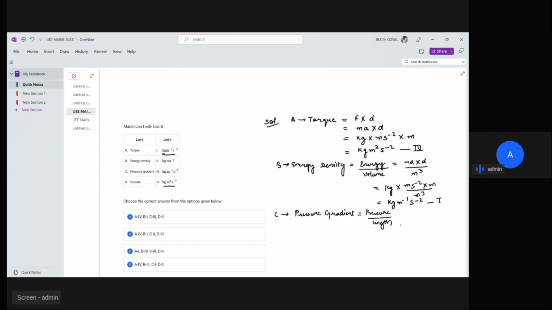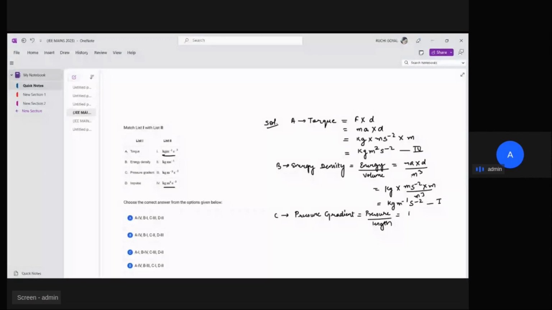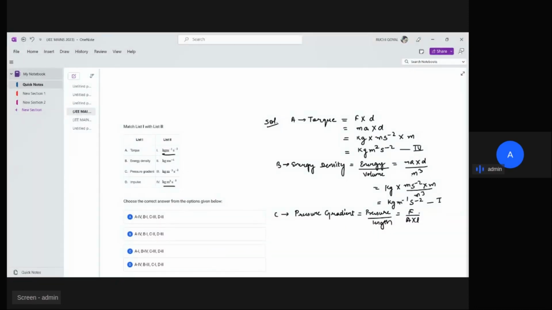Pressure is force upon area, into length. What is the unit of force? Mass into acceleration, again A into L. So mass will be kg, meter per second square, area is meter square and length is in meters. This will be cancelled. It will be kg meter minus square second minus square. So this is matching with the third option.